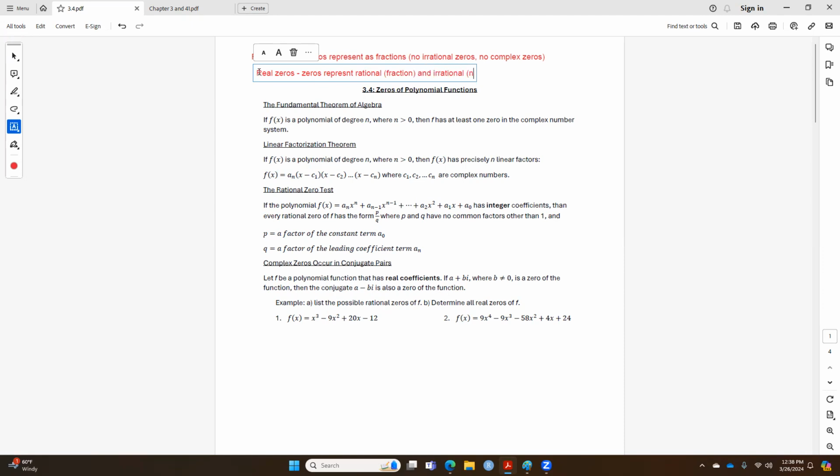So in other words, no complex zeros. So what is a real zeros that I want? Real zeros are zeros that can be represented by any zeros or any numbers we want, as long as it is a fraction or it is irrational.